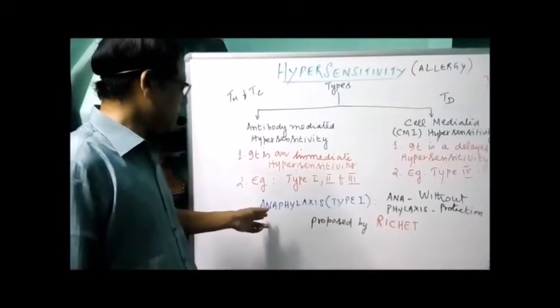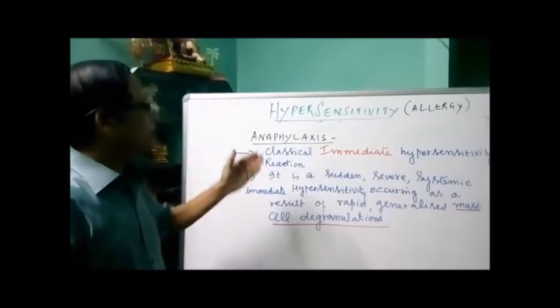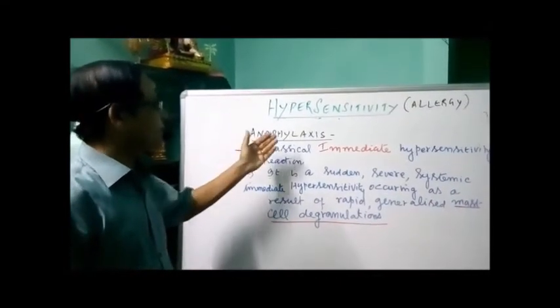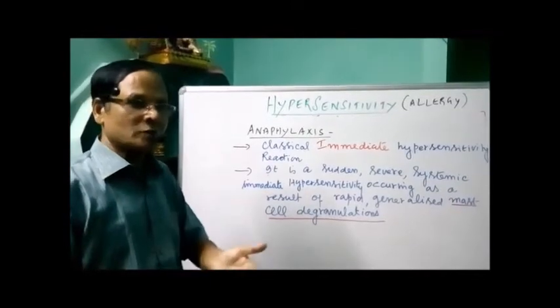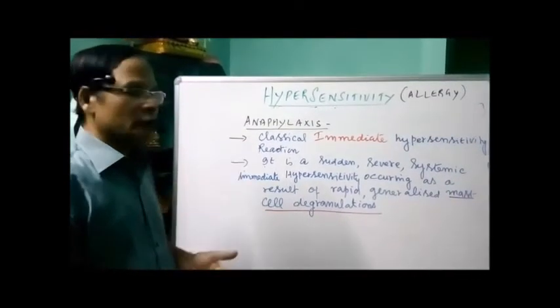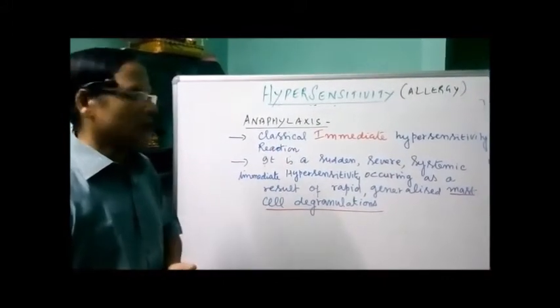Okay, now I'll give the definition of anaphylaxis. One of the examples of hypersensitivity is anaphylaxis. The concept was proposed by Richard, as I mentioned earlier. Ana means without, phylaxis means protection, without protection is the meaning.